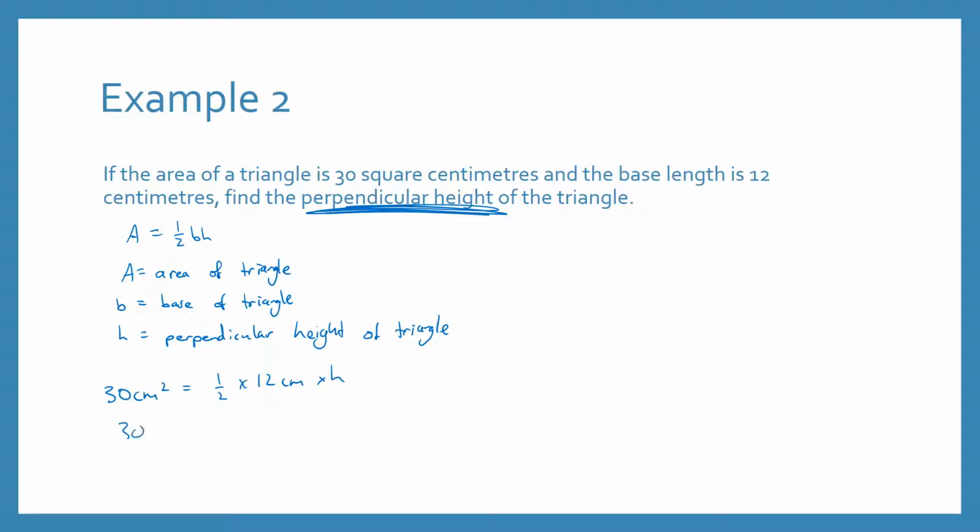So now that's going to be 30 centimeters squared equals 6h. We divide both sides by 6. We're going to get 5 equals h. And then we can fix that to be 5 equals h centimeters.